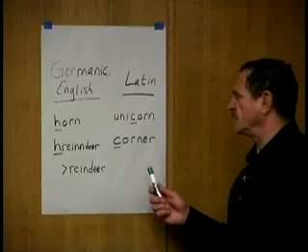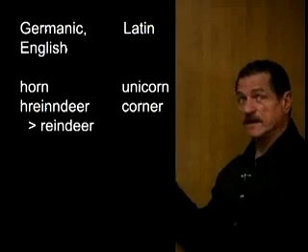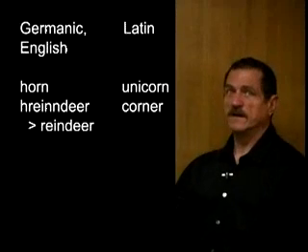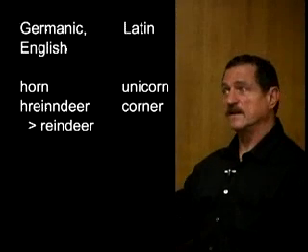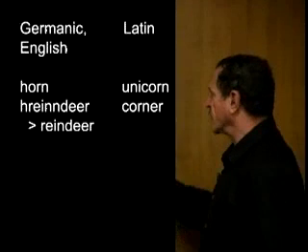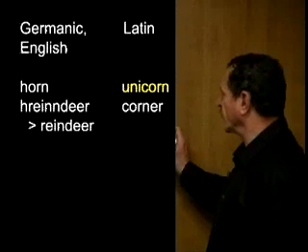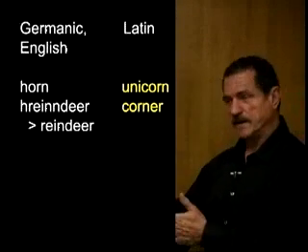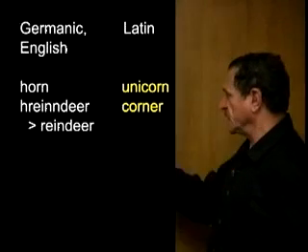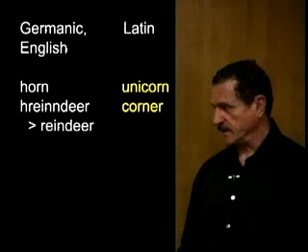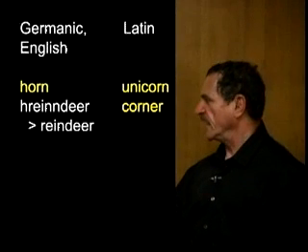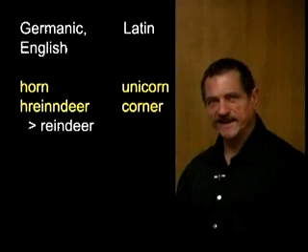the K, the hard K sound of Latin corresponding to H, a voiceless velar fricative that comes in Germanic, that comes into English as an H. So the K of unicorn or corner, so you get a point, a pointed object in both cases, comes into English with an H in horn. It also came into English as an H in reindeer.